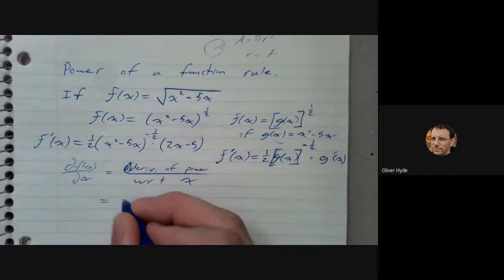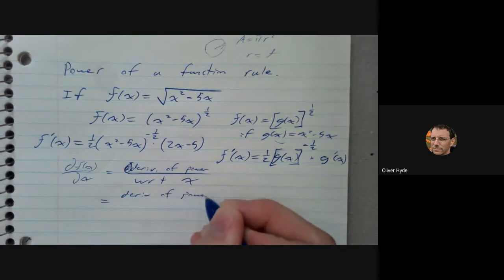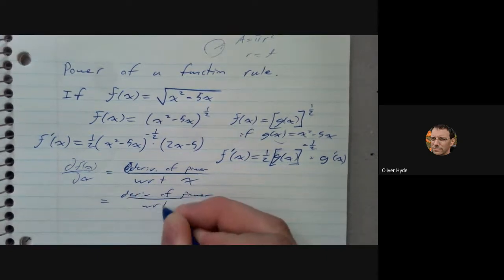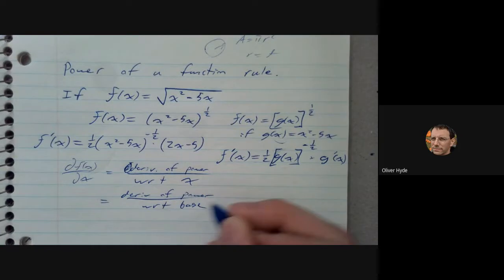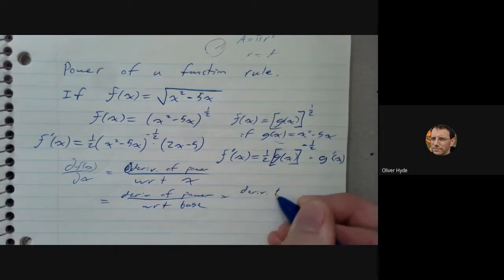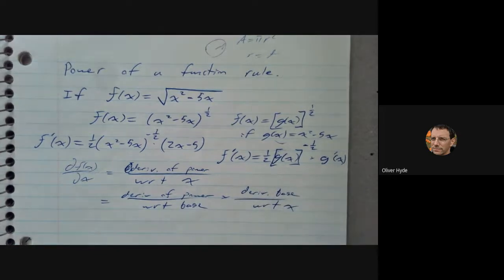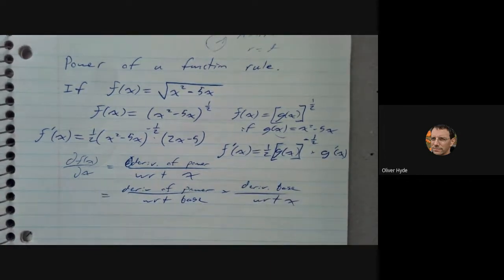And what we do is we take the derivative of the power with respect to the base. I'm kind of mixing up my notations here. And we multiply that by the derivative of the base with respect to x. See, the delta doesn't really mean derivative of. It means small changes in, but it looks like a d, and so we often use that as a bit of a memory aid, thinking of it as the derivative of.